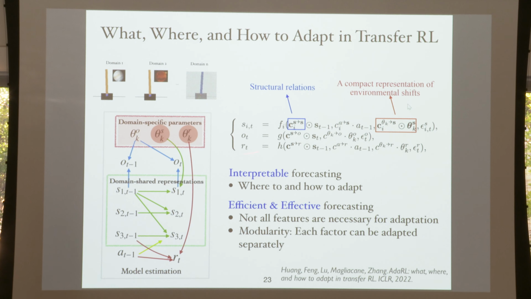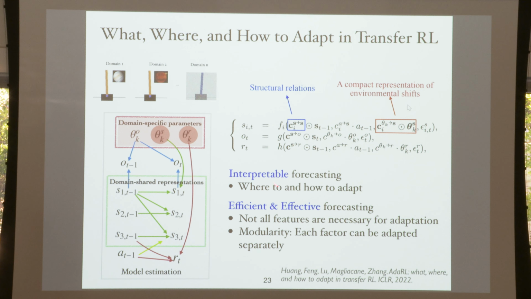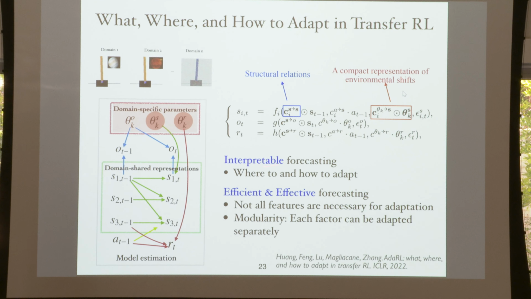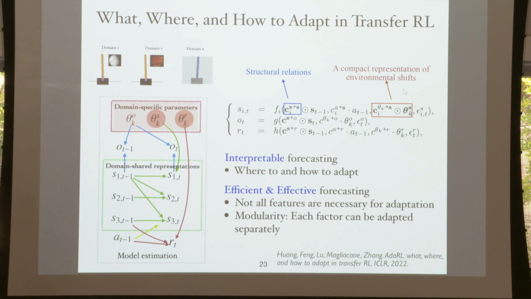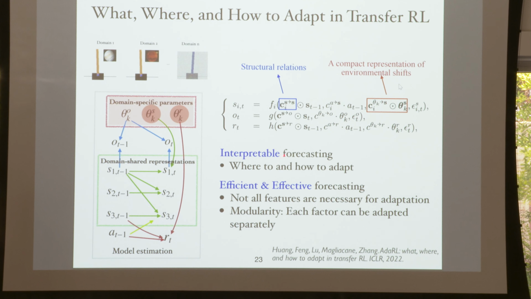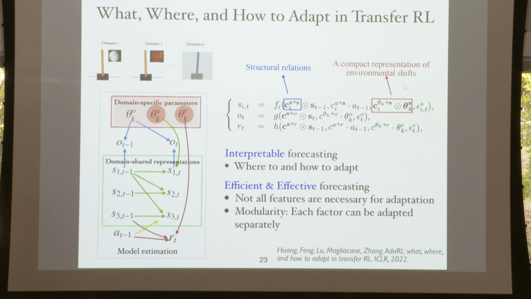You can see, with such a causal understanding, we can achieve more interpretable forecasting, as well as decision making. We can know where to and how to adapt. Basically, we only need to consider the one-dimensional change of the gravity in this case, and it can help us achieve more efficient and effective forecasting.